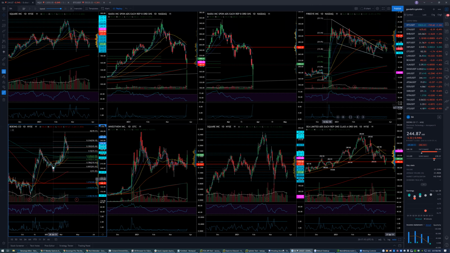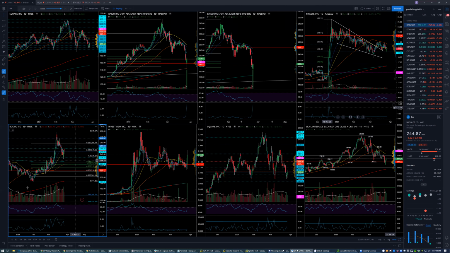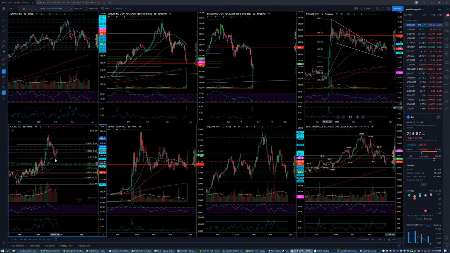And I'm always going to draw them from the most recent extreme pivots, high and low. So from here is a low to a high. With the Boeing price action so far, it's bounced off the 50% retracement, but I wouldn't be surprised at all to see it come back to 223 one more time to test this golden pocket.